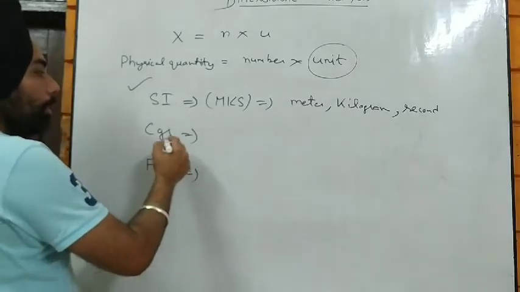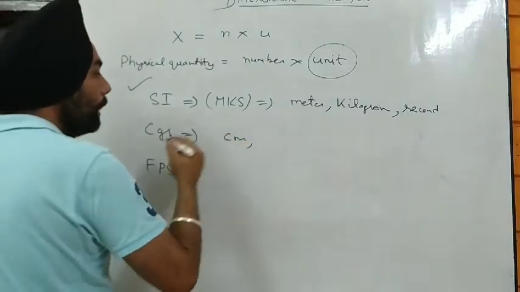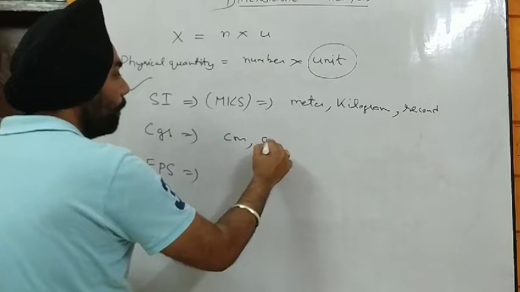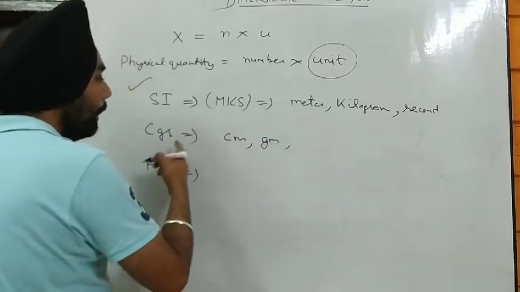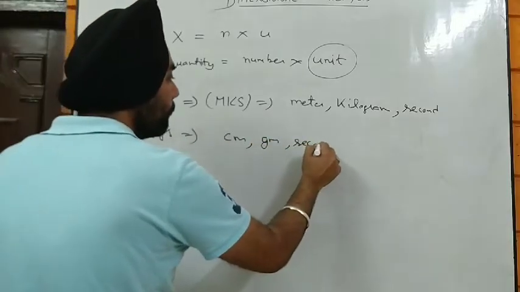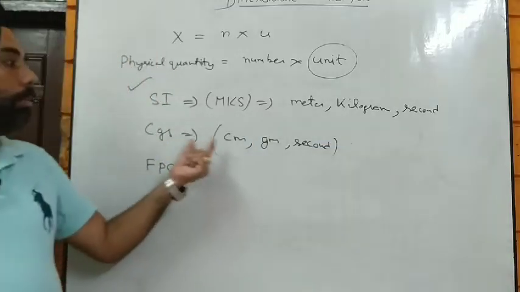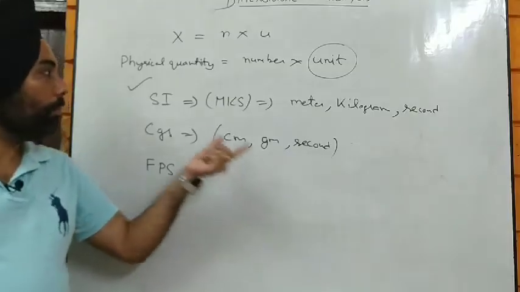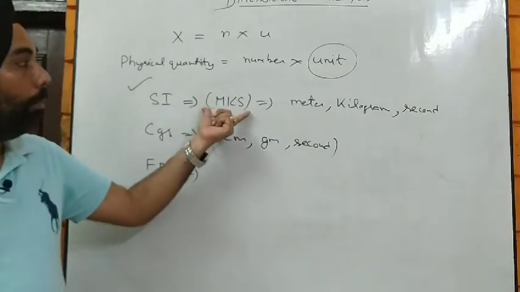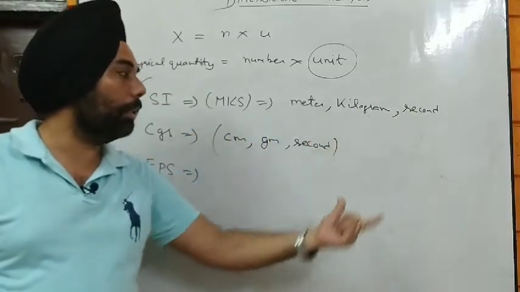Similarly, in the CGS system, C is for centimeter, G is for gram, and S is for second. SI system is the other name of MKS: meter, kilogram, second.